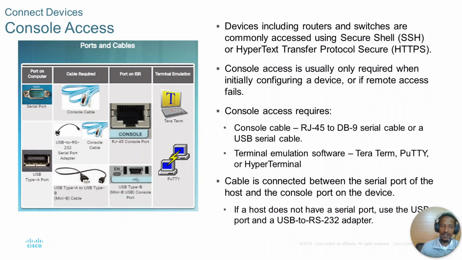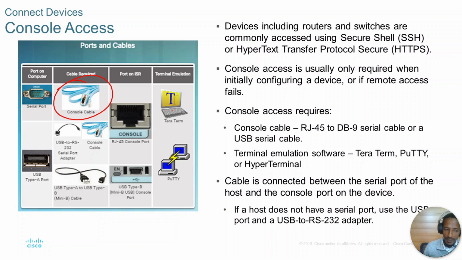We have said that there are different cables which enable us to connect between a router and a device. For initial configuration of a router or a switch, you need this kind of cable. What kind of cable is this? We call it a console cable.